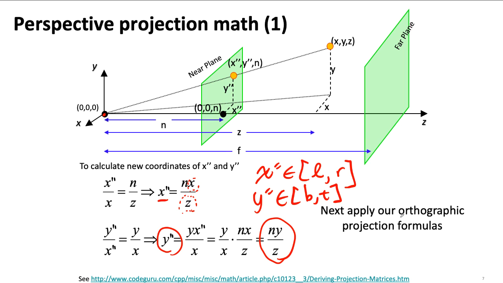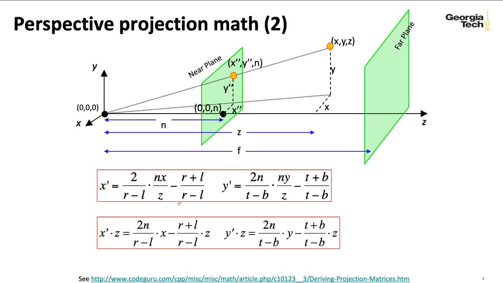At that point, we can use the same formulas for orthographic projection that we derived in the last lecture to map these into a -1 to +1 clip space. And so we can do that here. So what we've got here is our x prime basically, and what we have here is our y prime.